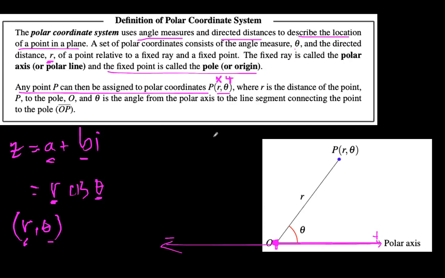So iba na yung values natin, class. Where R is the distance of the point P to the pole O, yung origin natin. Theta is the angle measured from the polar axis to the line segment connecting the point to the pole OP.